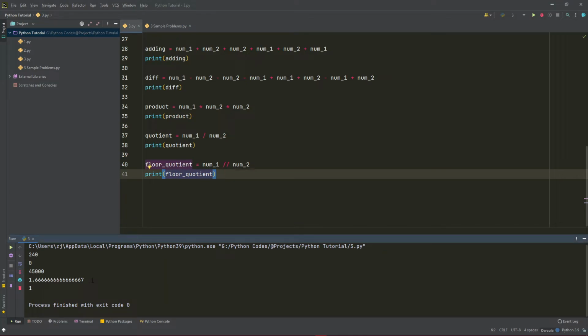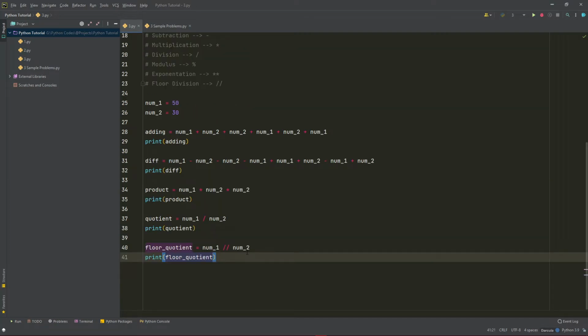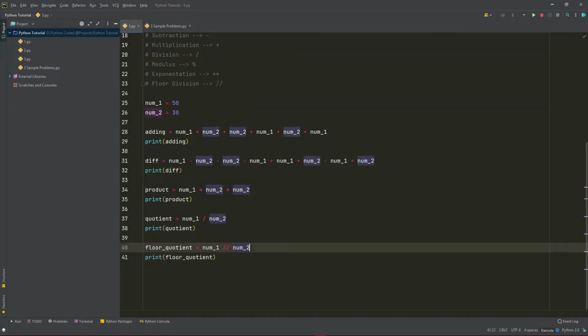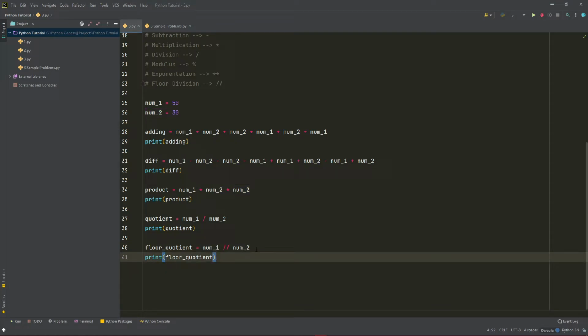So now, as I said earlier, it floors the quotient. So no matter what happens, it's just going to be 1, even if the number after the decimal is greater than 5, okay? Or greater than or equal to 5. All right? So that is how we use the floor division. So this is very helpful when you are sure that your quotient will be just a whole number, okay?